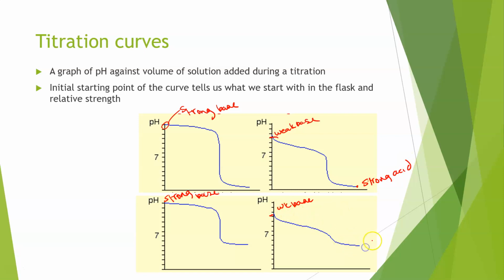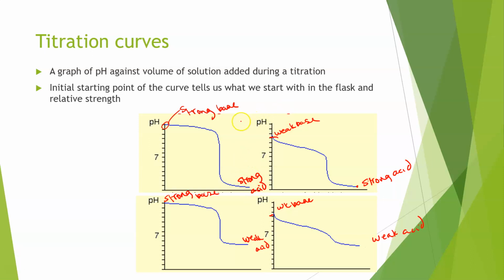This weak base is being titrated with a weak acid. We have a strong base here that is being titrated with a weak acid. And then we have a strong base and a strong acid in this one.